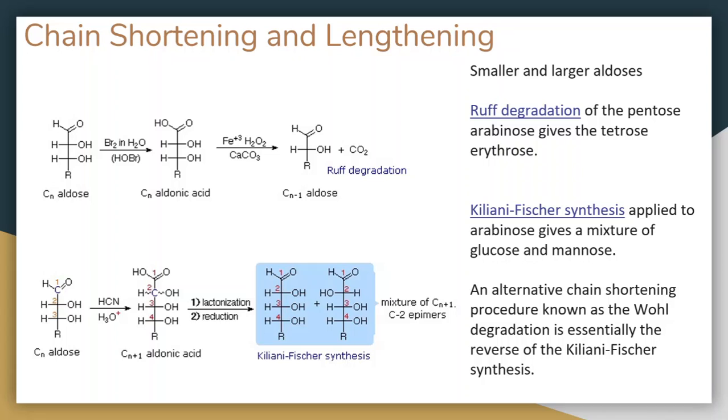Now there are other reactions where there is chain shortening and chain lengthening. Starting with chain shortening, an example is Ruff degradation. Starting with a Cn aldose sugar, with n carbon atoms, please give attention to it.